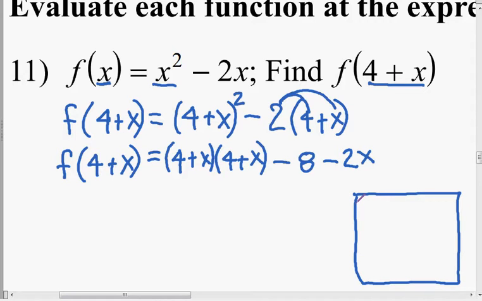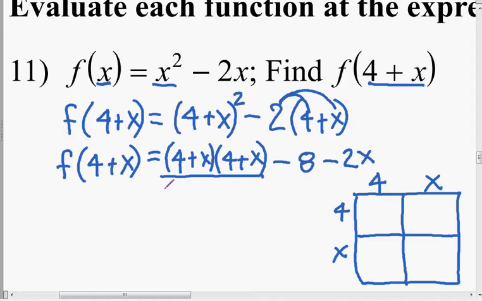If you want to think about the distributive property, you can distribute 4 plus x over the 4 plus x, and then distribute each of those back over. Area models work well. I'm going to say the top is 4 plus x, and the left side is 4 plus x. So my area of the whole rectangle is 4 plus x times 4 plus x.